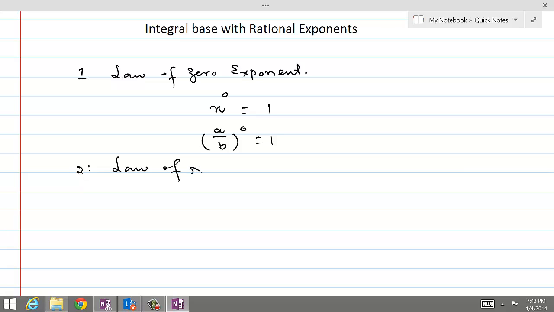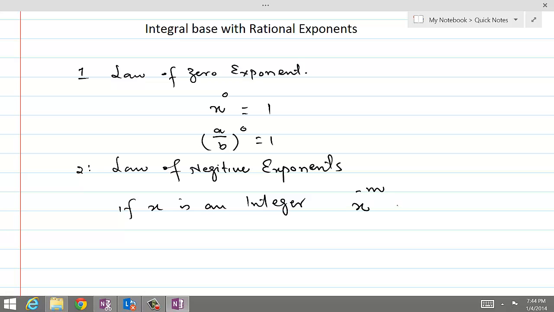So if x is an integer which has a negative exponent, say x power minus m, exponent is mostly required to be written as positive.